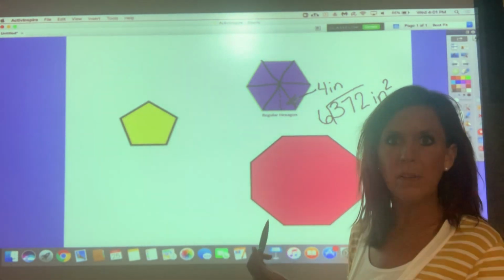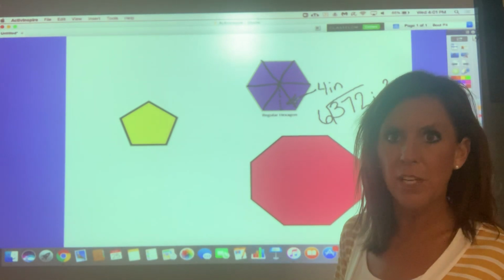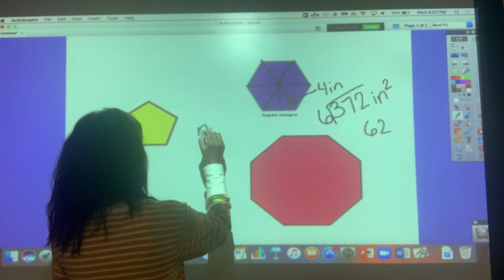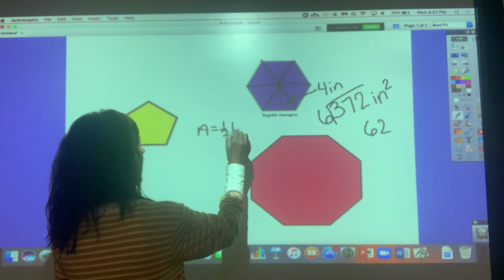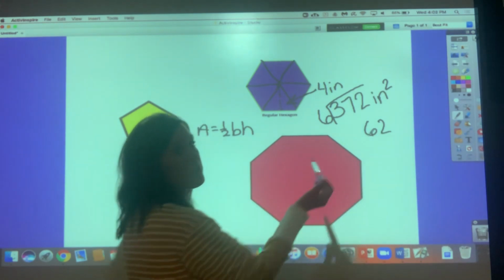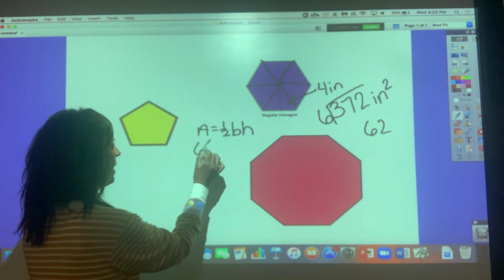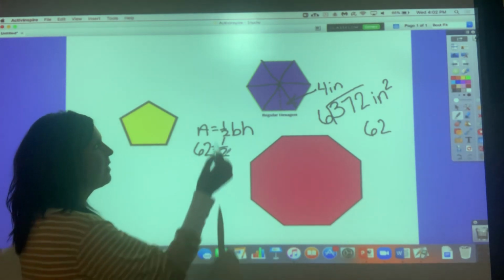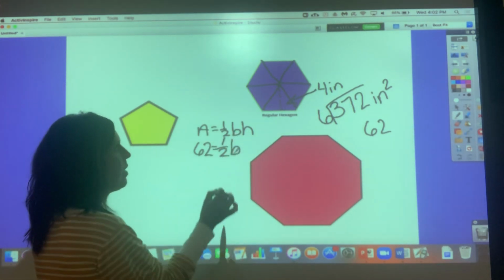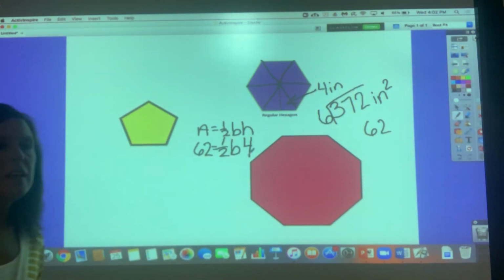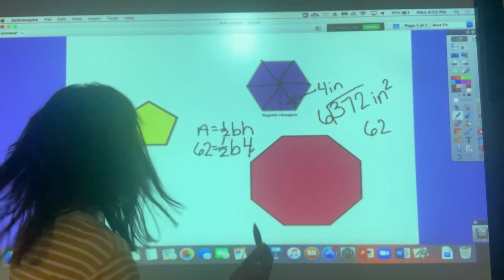We did a couple of these problems when we were doing triangles. So again, we know that area equals half base times height. We're going to take our area, which is 62, and put it in here. The half is going to stay half. The base we don't know, but we do know that the height is 4. Then we do just like we did when we were learning about triangles.